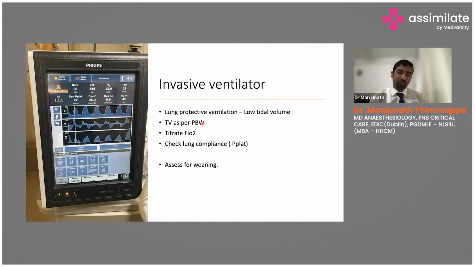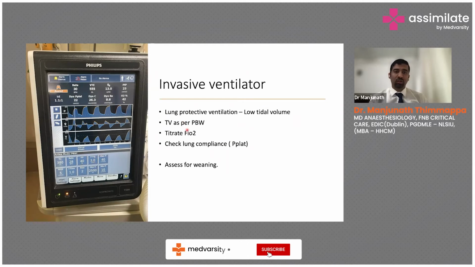But if somebody is under 110 centimeters and weighs around 200 kgs, the lung dimension will also be the same. So the predicted body weight is based on the height of the patient, and we should set the tidal volume as per the predicted body weight.